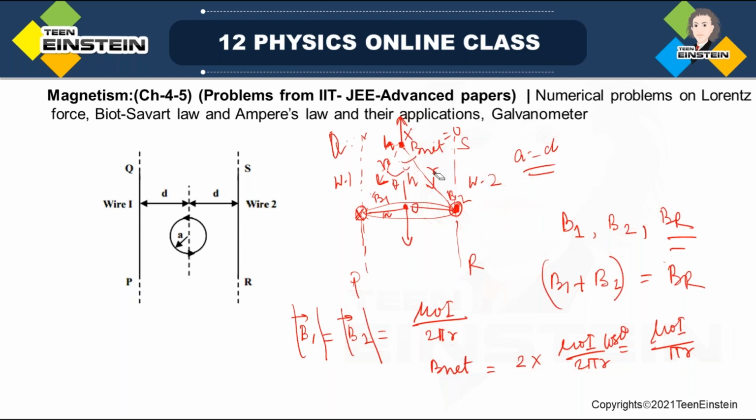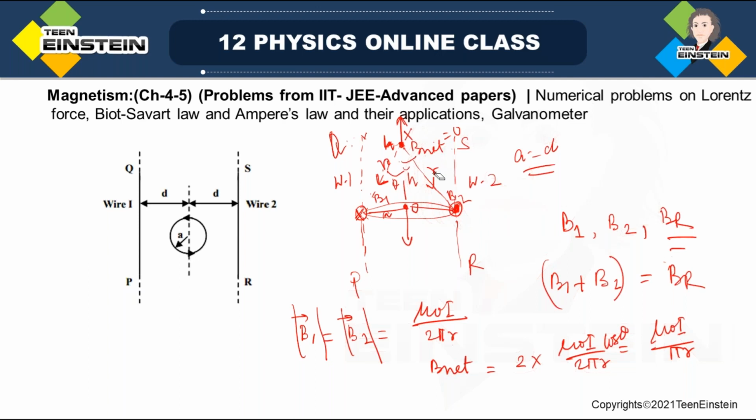They will be exactly equal to each other as I have shown in the figure. The loop produces magnetic field this way, and the resultant produced by these wires has to be this, and they will be exactly equal.